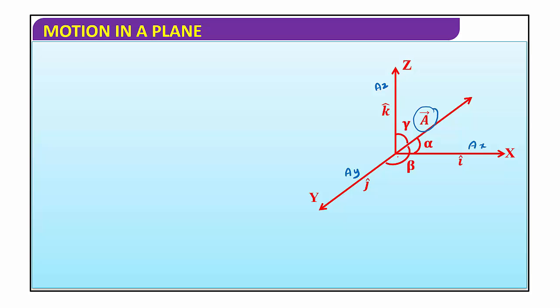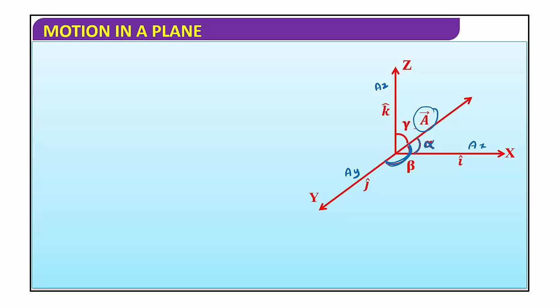So here the angle alpha, observe the first angle. This angle is between vector A and its x component. And then the second one, angle beta, observe this angle. This angle beta is between vector A and its y component.